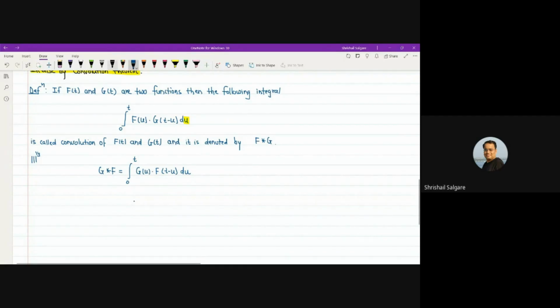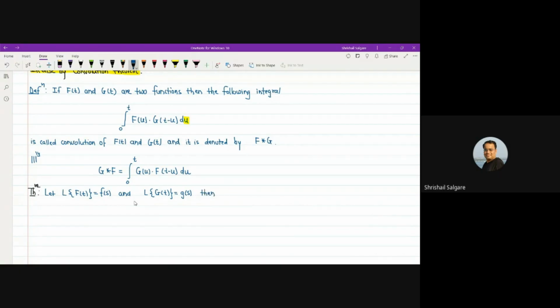So the next theorem is to find the inverse Laplace by convolution theorem. See the statement. Let the Laplace transform of f of t be f of s, and the Laplace transform of g of t be g of s.